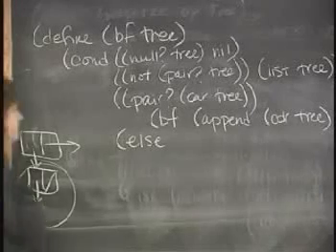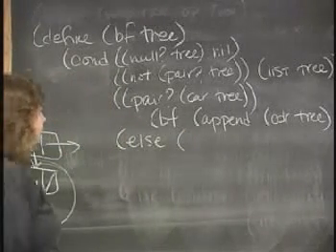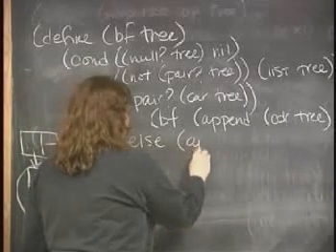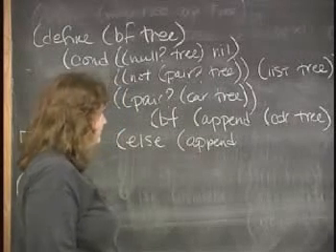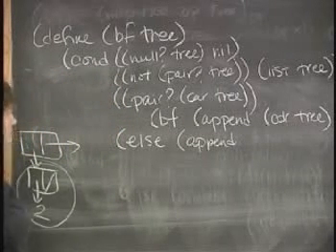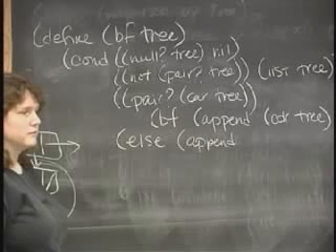Don't we want to cons the car of the tree onto the cdr of the tree? I'm going to append it because I want to flatten my list. But won't that reverse it? That'll put it in the back. No, append is no reversing.